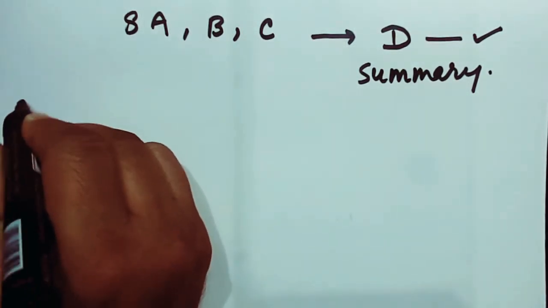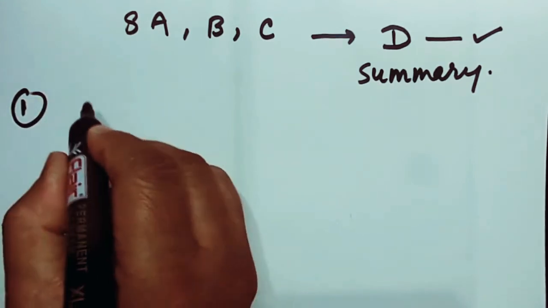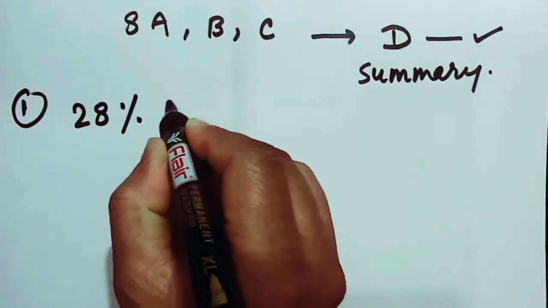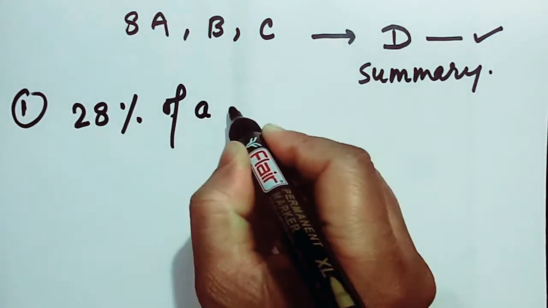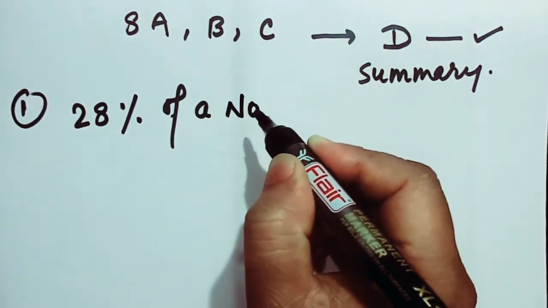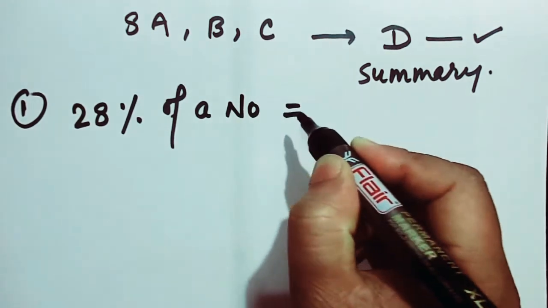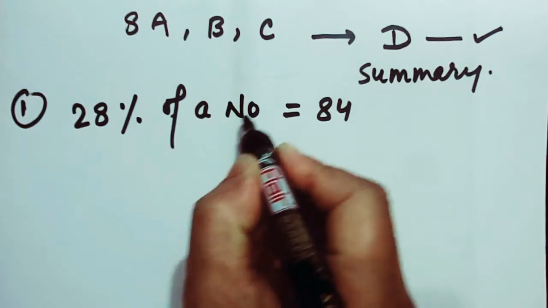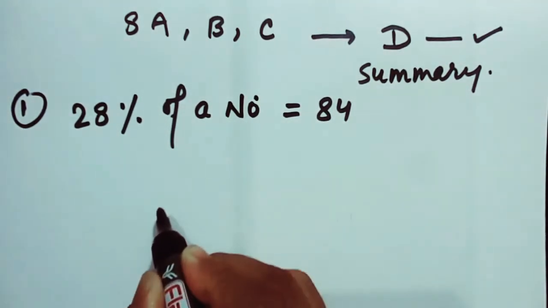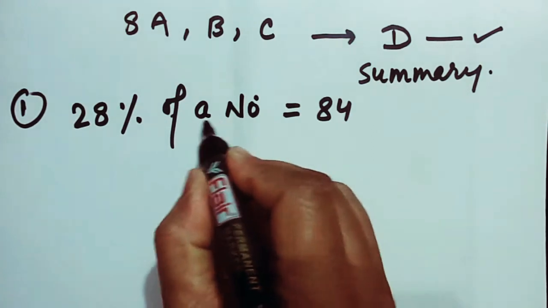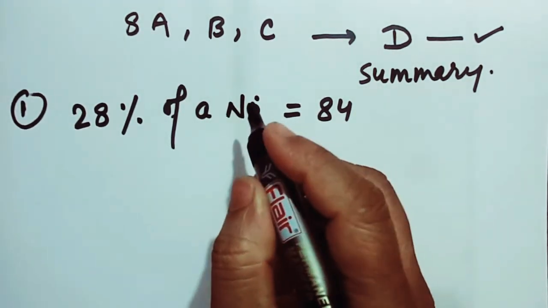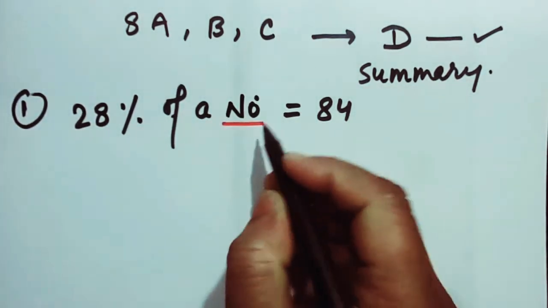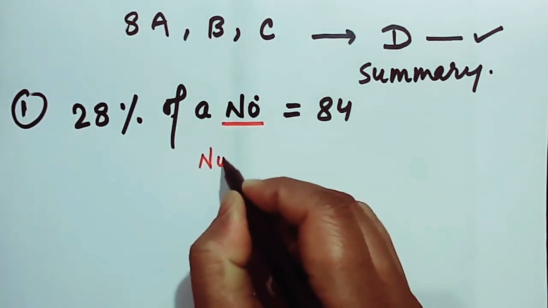Number 1 says that 28% of a number is equal to 84. Now they are asking you this particular number. Let the number be x. Even if you do not take the number as x, you can keep this as it is.